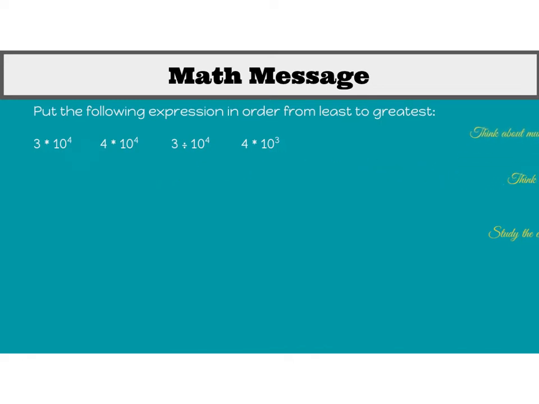And lastly, but not least, we want to think about what we know about the powers of 10. You know that the power of 10 in exponential notation is a shorthand way of showing that a number is being multiplied or divided by 10 repeatedly.